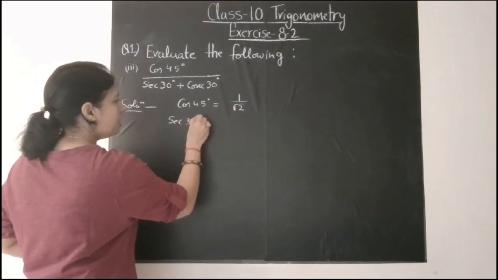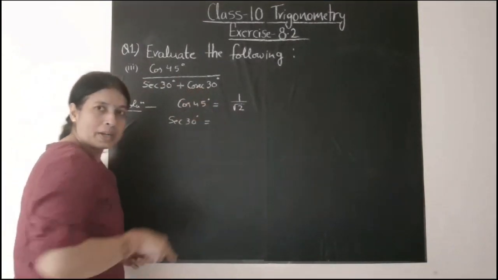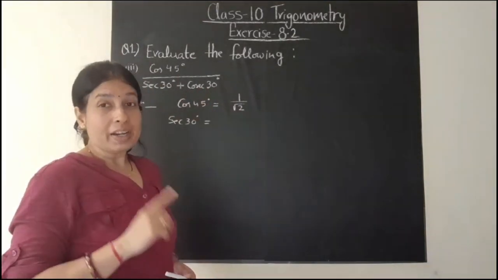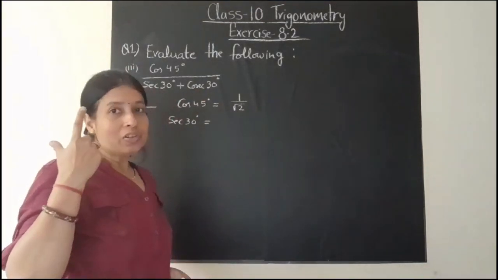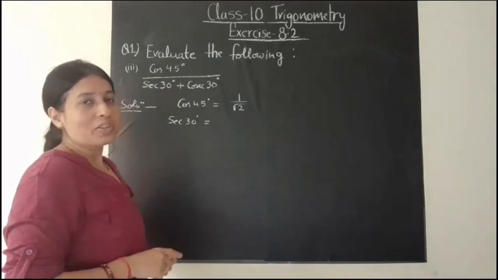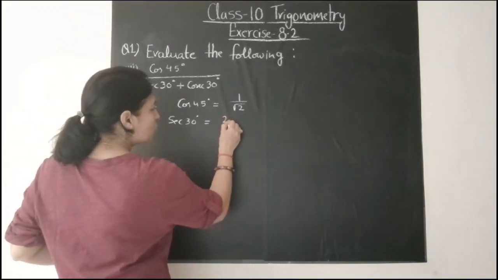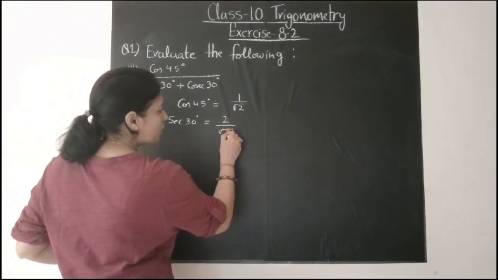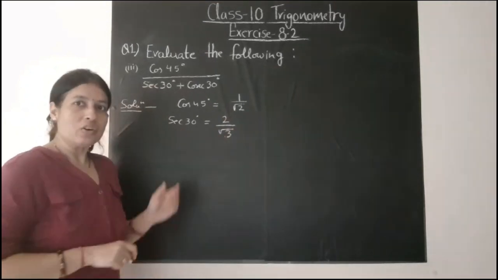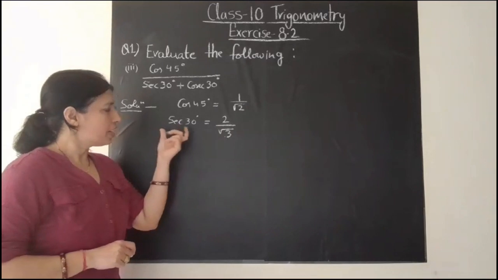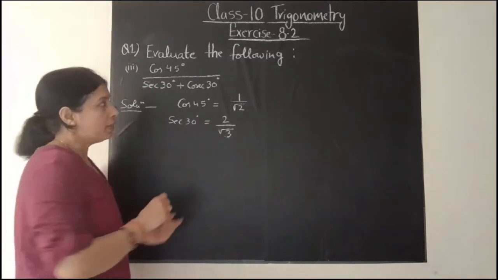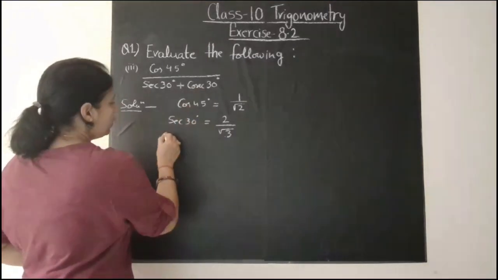Sec 30 degree is equal to 1 by cos 30 degree. And cos 30 degree is equal to sin 60 degree, root 3 by 2. So sec 30 will be 2 by root 3.